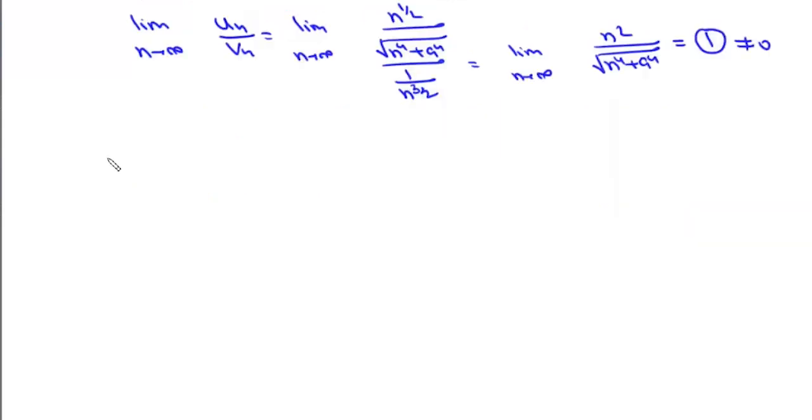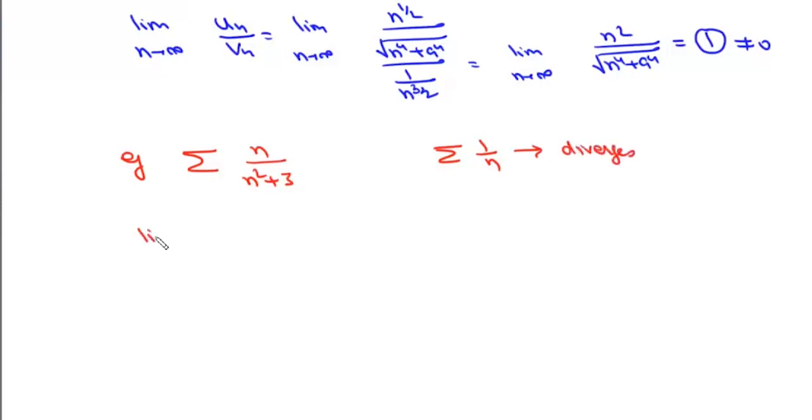Now let us take another example. This summation n upon n square plus 3. Now this is effectively 1 by n. So we'll compare it with the series summation 1 by n, which is the harmonic series, and we know the harmonic series diverges.